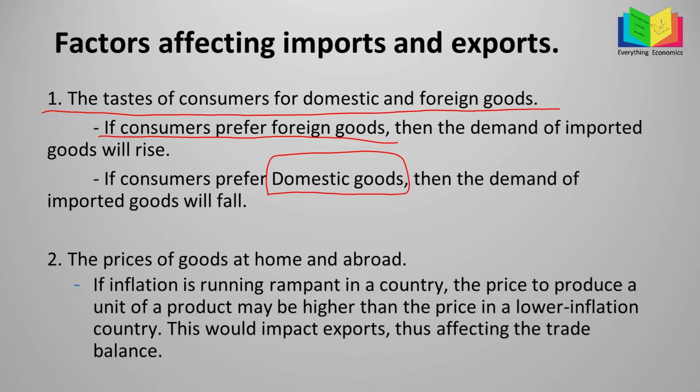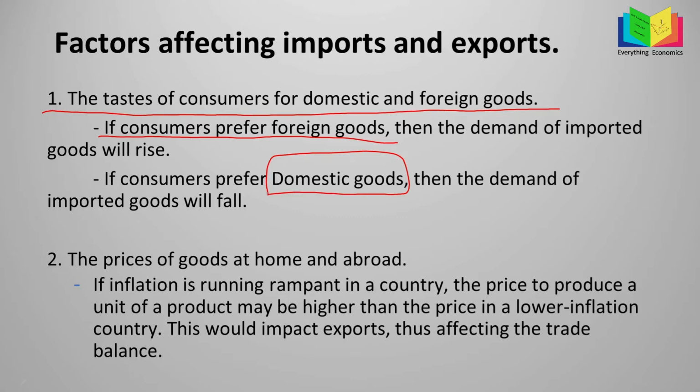So, here we are talking about the tastes of consumers. If the consumers in the United States prefer goods from, for instance, Malaysia, like Malaysian palm oil, then the demand for Malaysian palm oil will increase and the imports in the United States will increase.